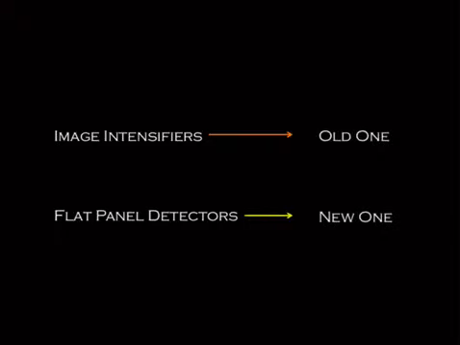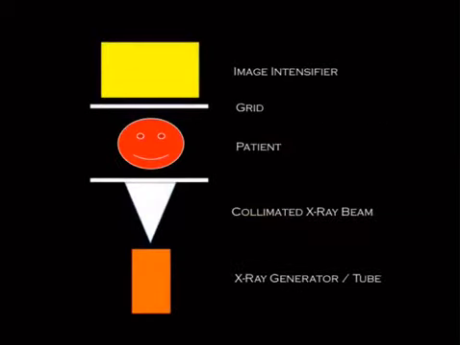So let's start out talking about just sort of the general setup of how a fluoro table is set up. You have the X-ray tube underneath of the patient, usually. There are a few exceptions, but let's just think about it like this.